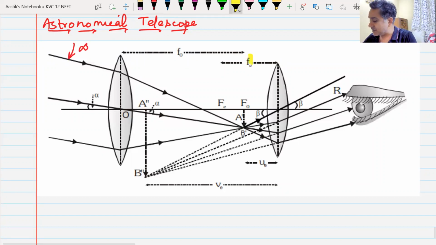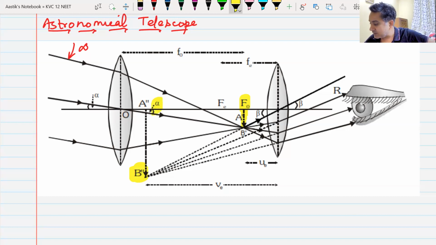So the first image is formed here at the focus of the objective. Then this image acts as an object for the second lens, and it forms a virtual, enlarged and inverted image.